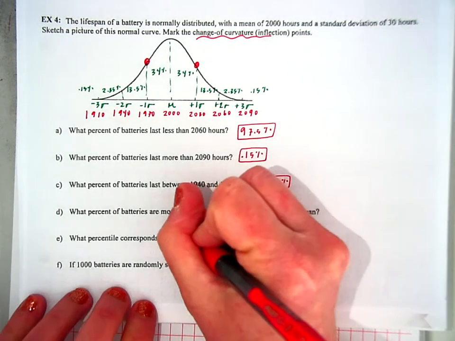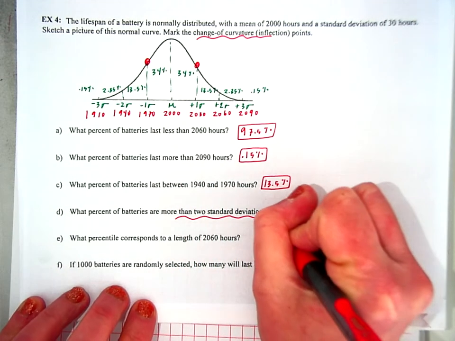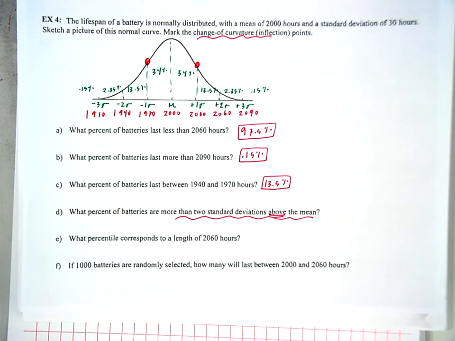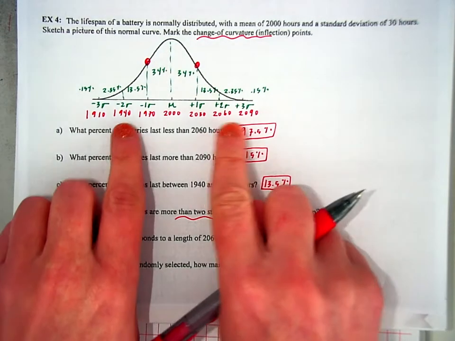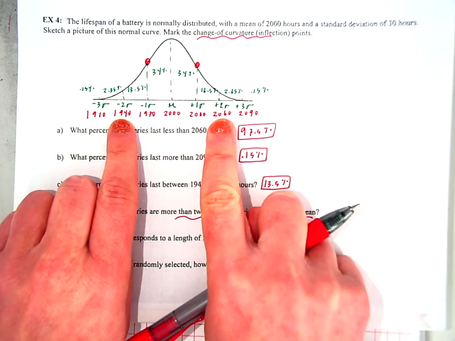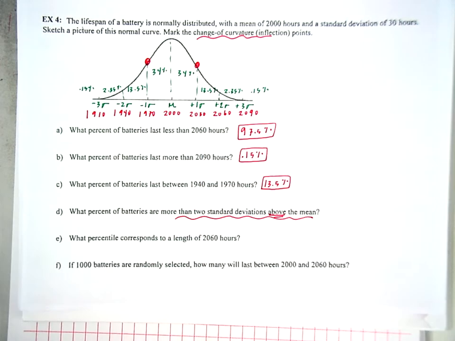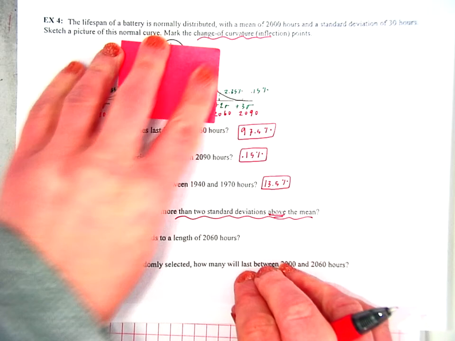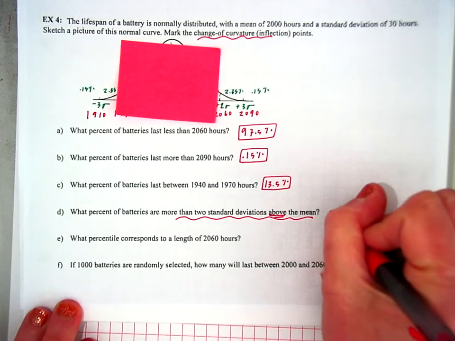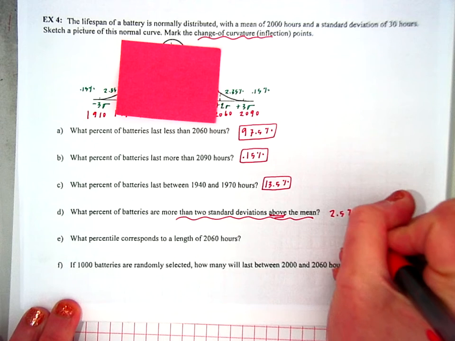So here I'm just looking at where 2 standard deviations is, but it's saying more than 2 and above the mean. So I'm really just looking at this region up in here, and I would say 2.5%.